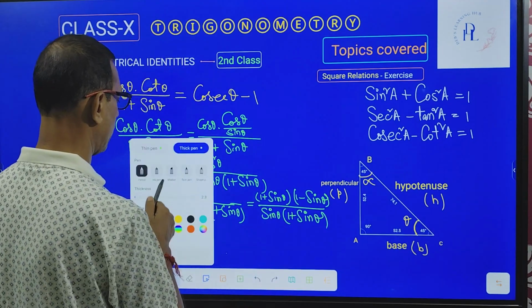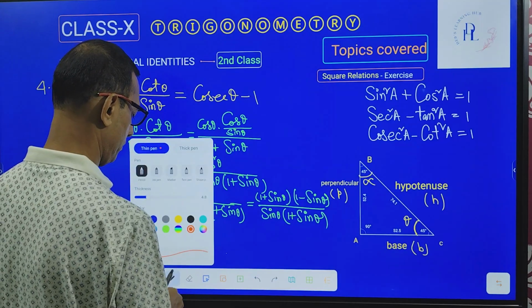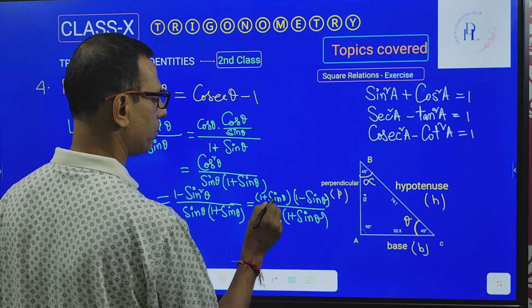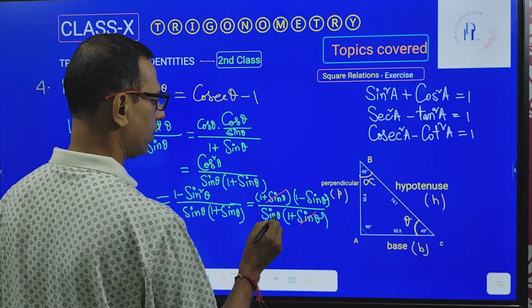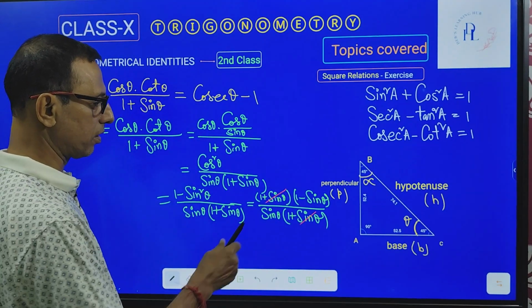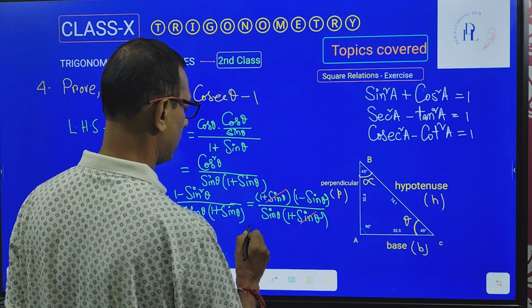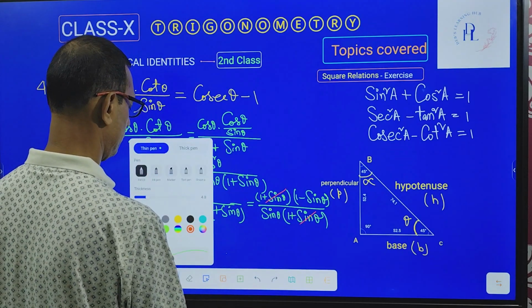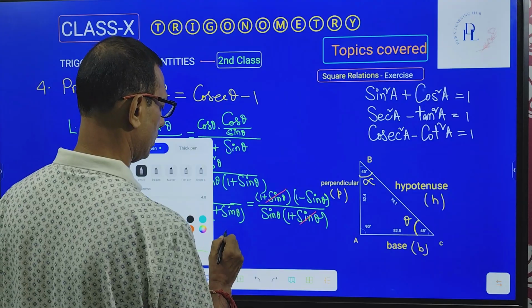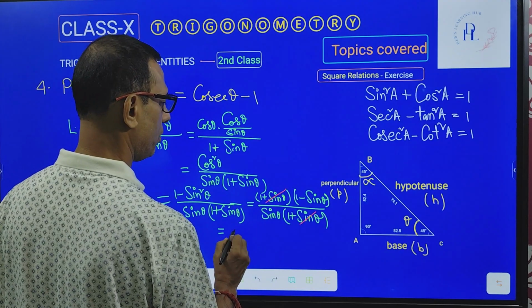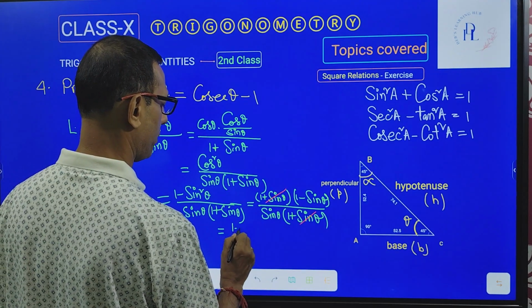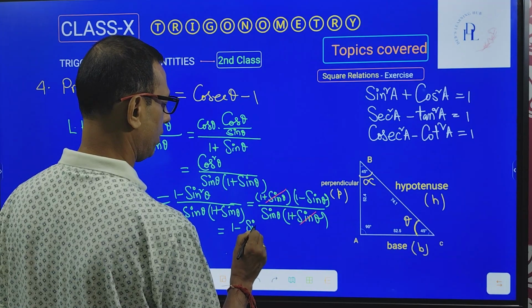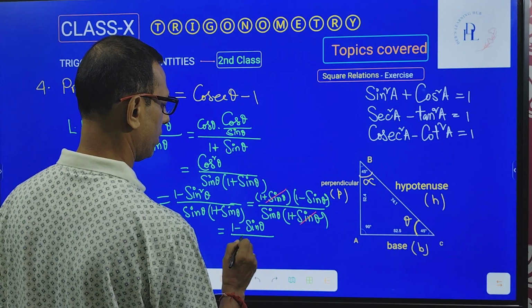So what are you going to do? You can cancel this one. You don't need to cross, just for your understanding, right? So that is equals to 1 minus sin theta by sin theta.